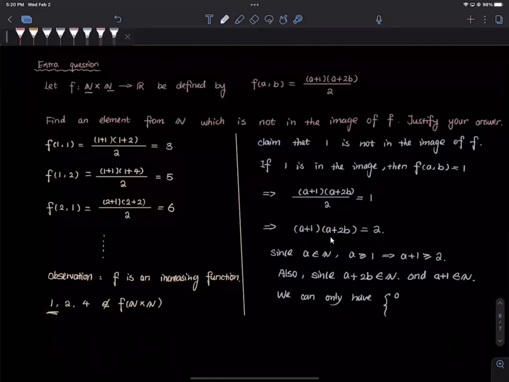We can only have a plus 1 equals 2 and a plus 2b equals 1.